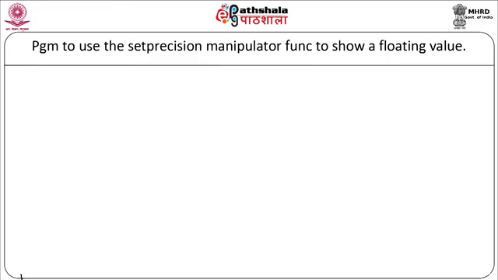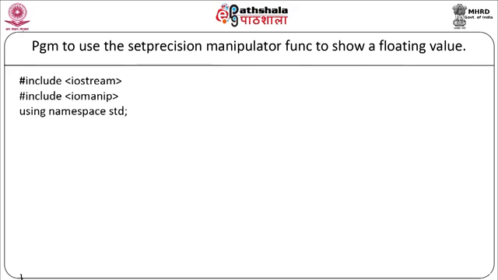We will start with the program: #include <iostream>, #include <iomanip>, using namespace std. We will start with our main program, int main, float a, b and result. a is equal to 7, b equal to 3, result is equal to a/b. Now we will change the precision values and print the result value.